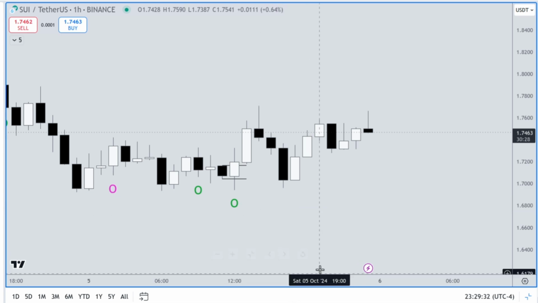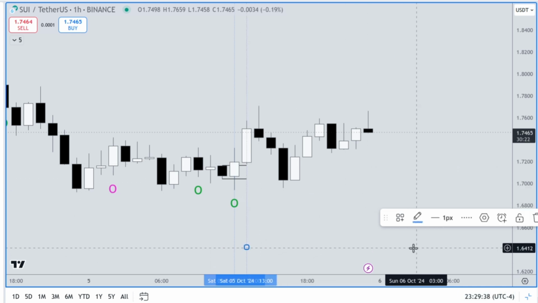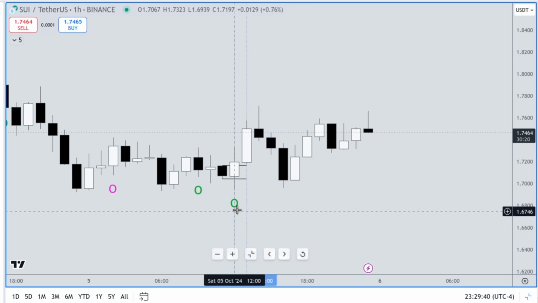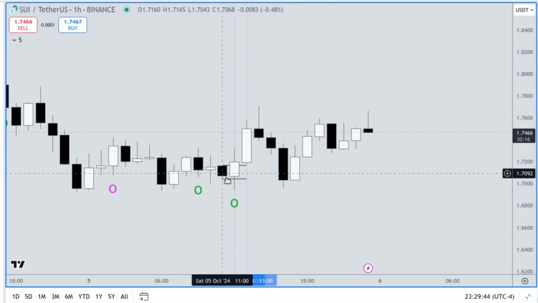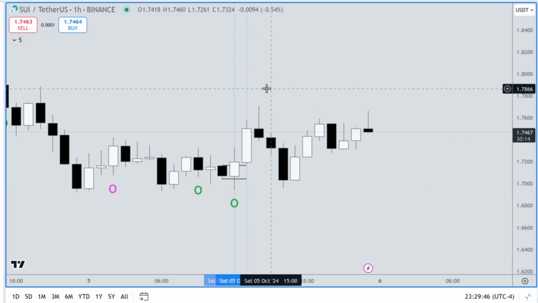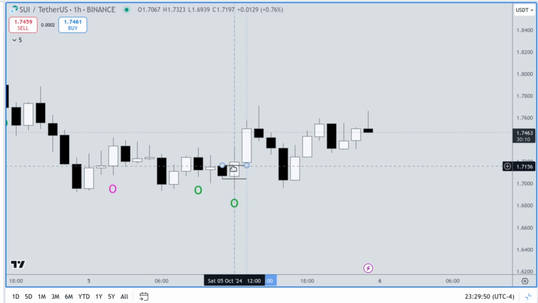Look at this. I just told you about the movement that outside bars bring, the volatility that comes into the market when there is an outside bar present, right?